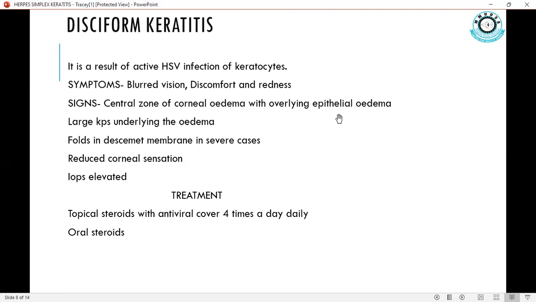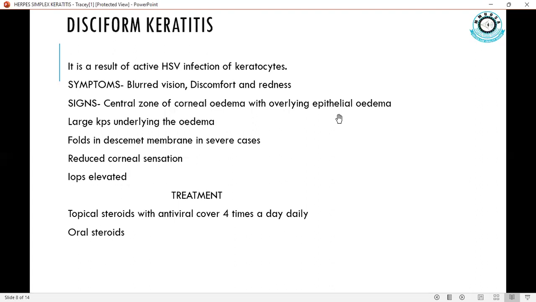Also, the patient will complain of seeing halos around the lights. And then with the signs, the central zone of the cornea will have edema with an overlying epithelial edema.